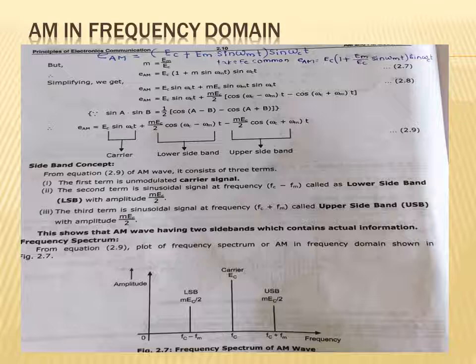So next, EAM is equal to, writing as it is, the first term EC sine of omega CT, and next one is the MEC.